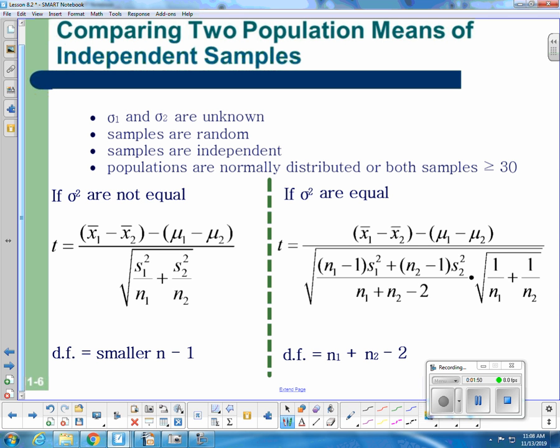If the population variance or population standard deviation, whichever, are equal, again, it looks real complicated, but the formulas, after you start putting numbers in it, it's not that bad. The top's the same.